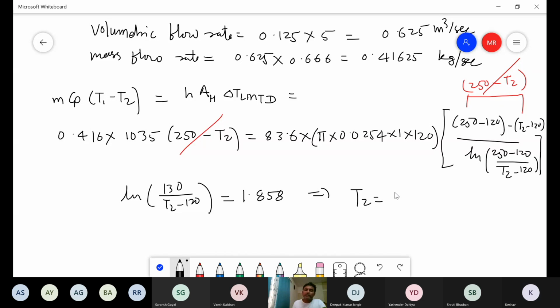Around 140 I am getting. Just check whether it is correct. Yes, sir, 140.27.